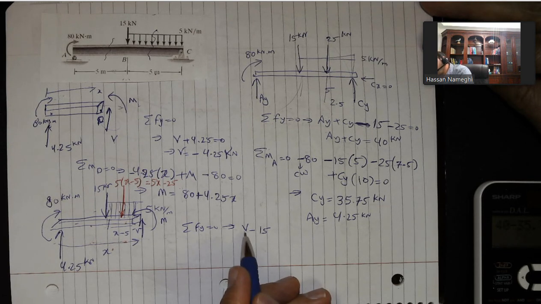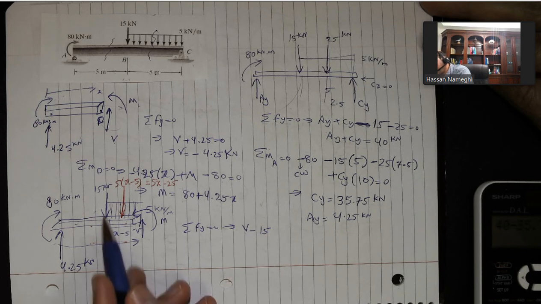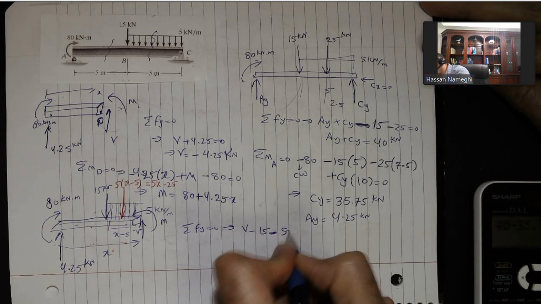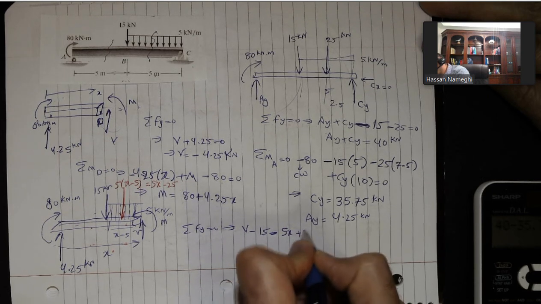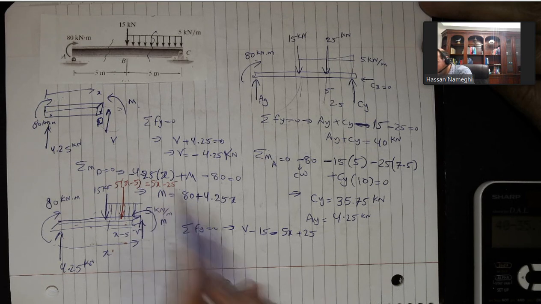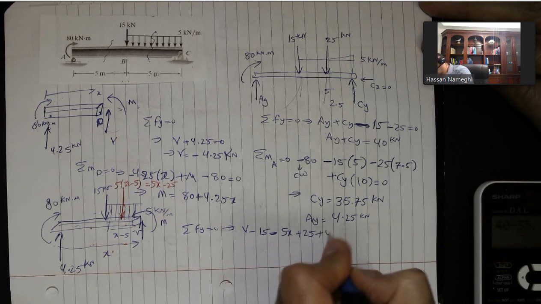So V minus 15, minus 5x plus 25. Remember, because it's going down, that's the whole reason I changed the sign for it. It became minus 5x plus 25, and then plus 4.25.